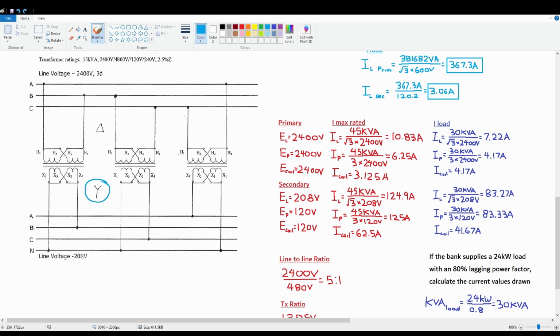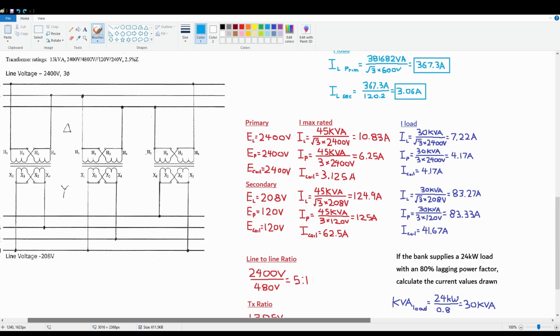We connect this in Y, so our phase voltage will be root 3 less. So divide that by root 3 and we get 120. And since this is in parallel, our coil is also going to be 120. The coil is always going to be 120. It doesn't matter if it's in parallel or series.